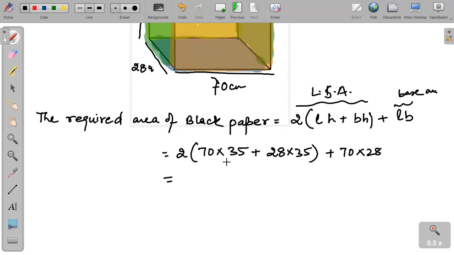This is going to be 35 को कॉमन ले लेते हैं, इंटू 2 कर लेते हैं, तो it will be 70 into 70 plus 28 plus 70 into 28.